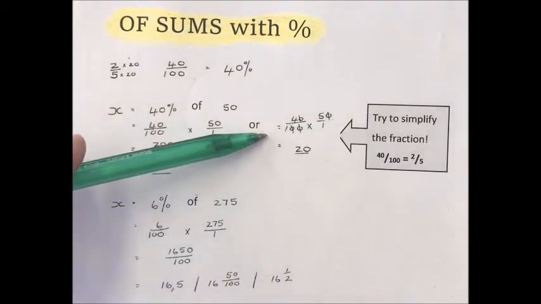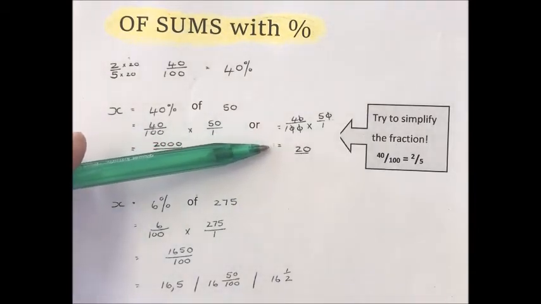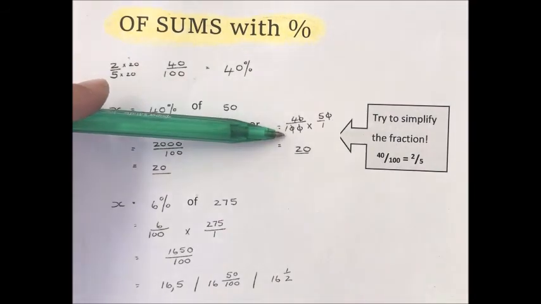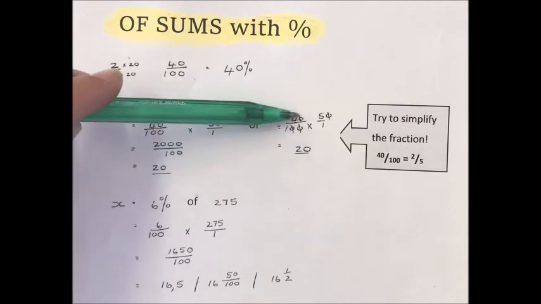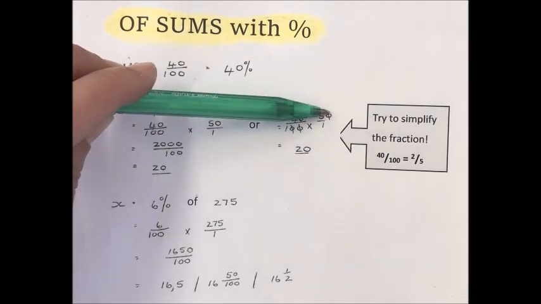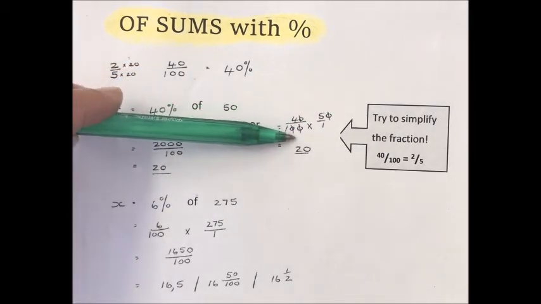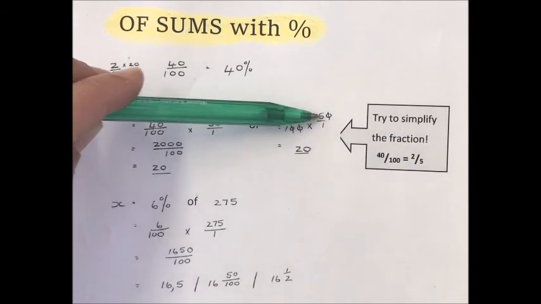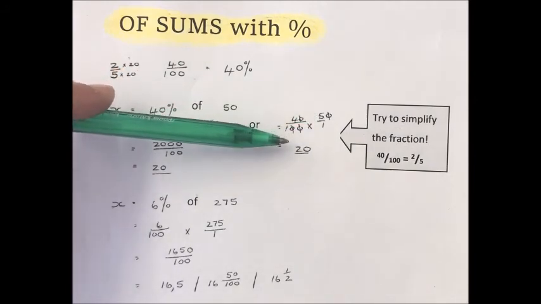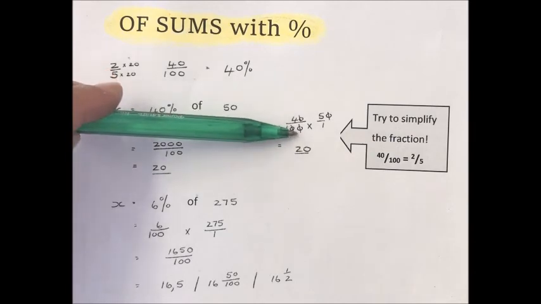You will see on the right-hand side that we also showed you how you can simplify the equation. So if you have 40 over 100, you can divide the numerator by 10 and the denominator by 10. So you're left with 4/10. But then you can divide the 50 by 10 and the 10 by 10, and you are left with 5 and 1. So if you want to simplify, remember what you do at the top, you must do at the bottom.